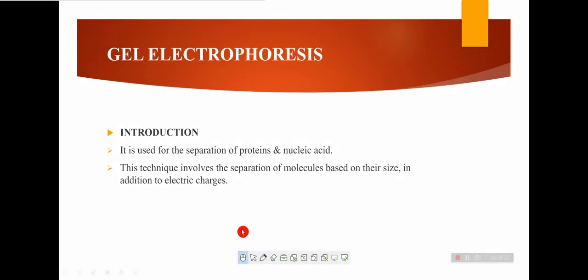Now talking about gel electrophoresis. As the name implies, gel electrophoresis is used with a gel. It is generally used for separation of proteins and nucleic acids. In this technique, the separation of molecules is carried out on the basis of their size in addition to the electric charges.